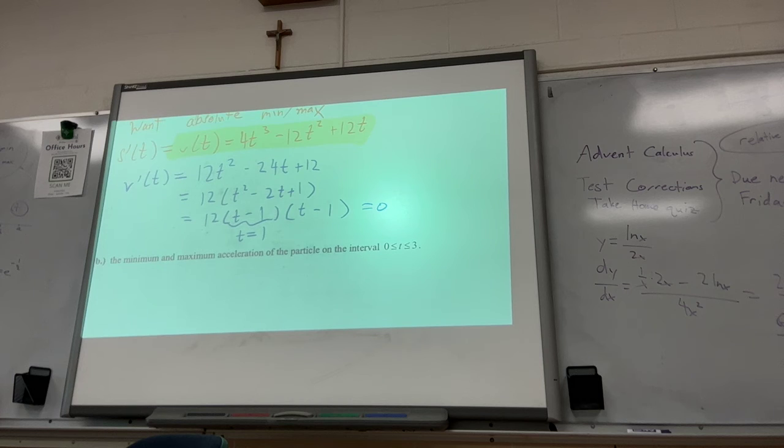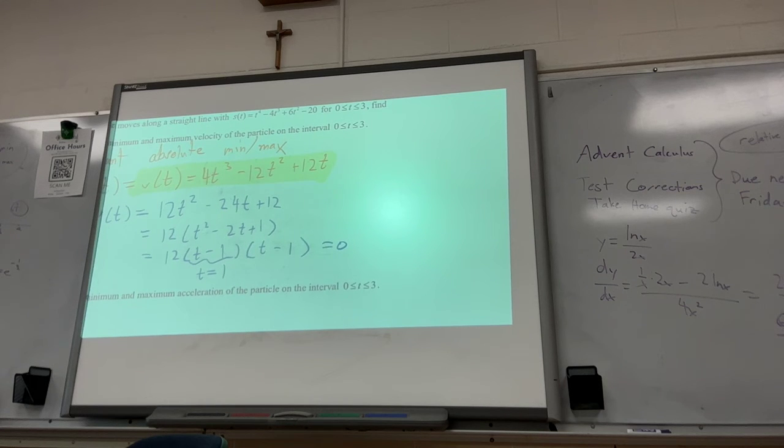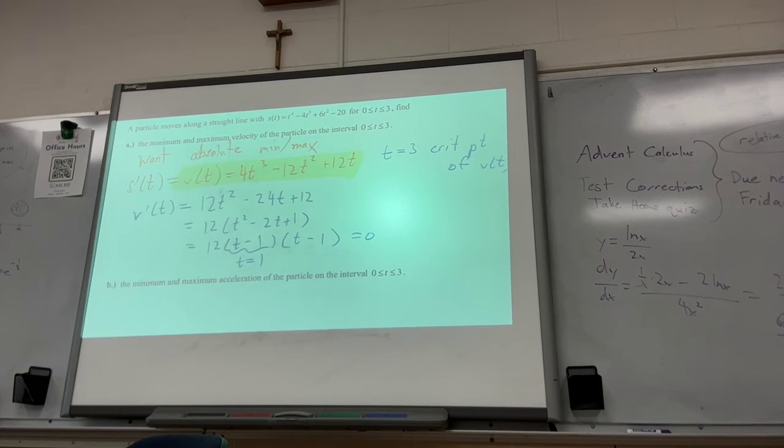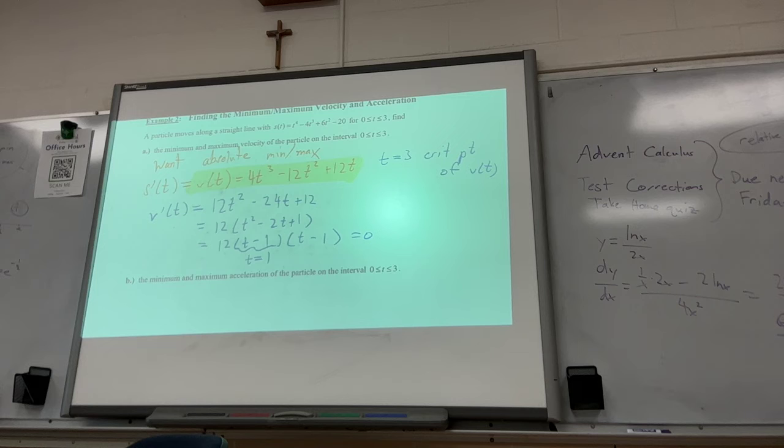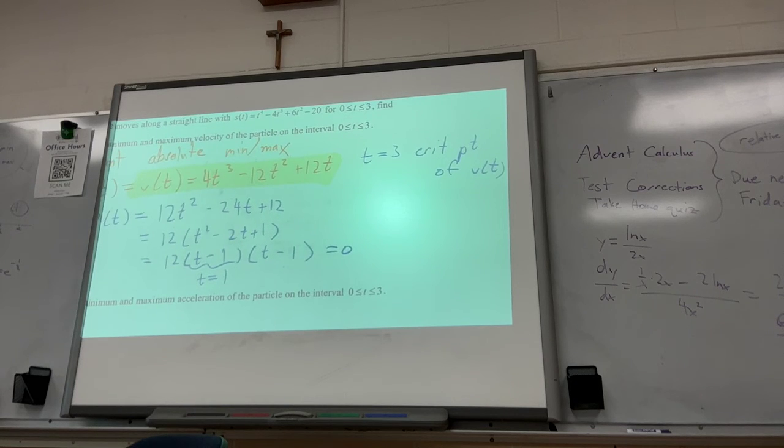What's going to happen though? Here's our critical point, t equals 1, of v. Do you notice anything about the multiplicity of that 0 though? It's a critical point. Is it going to be an extremum? Let's look at this. Let's make a little sign chart.